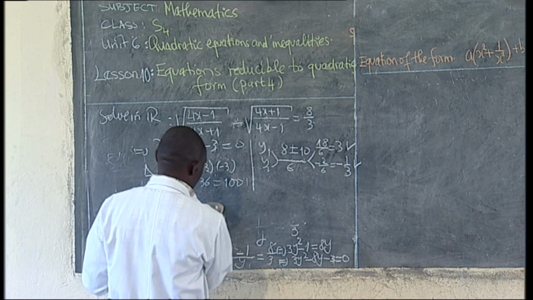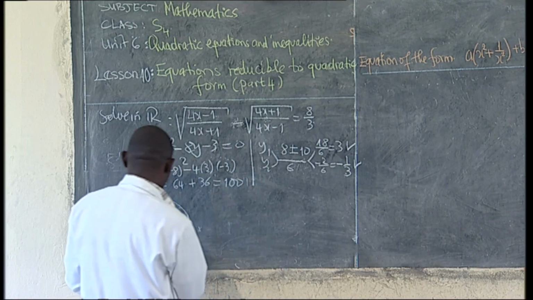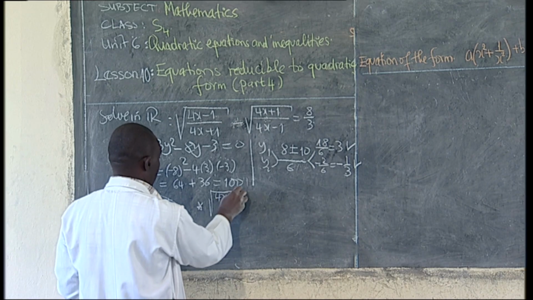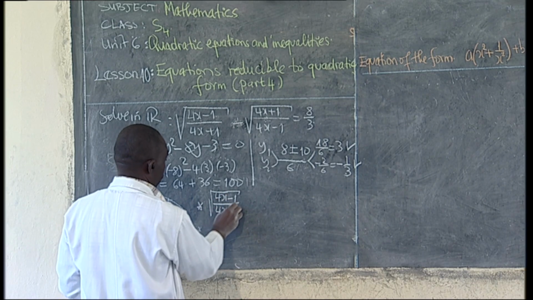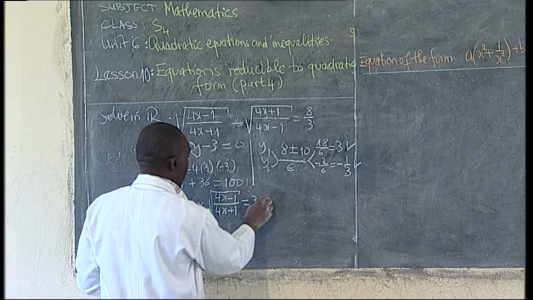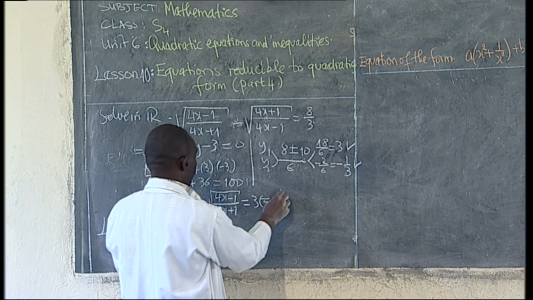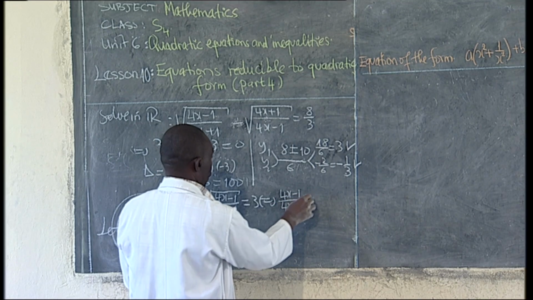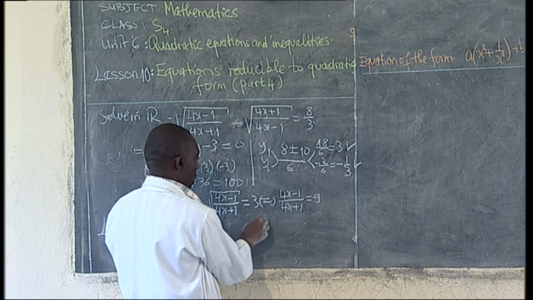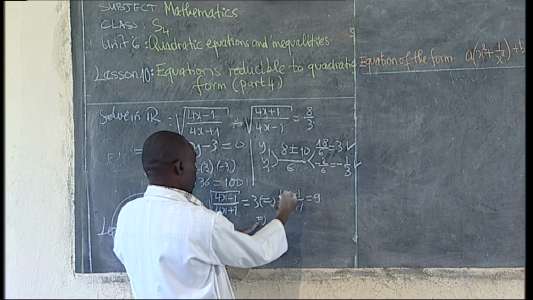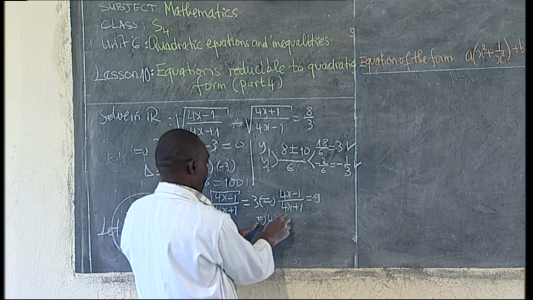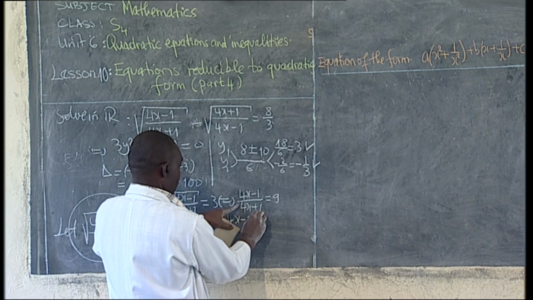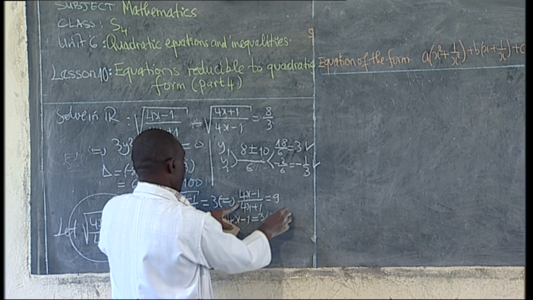So it means that square root of 4x minus 1 divided by 4x plus 1 equals 3. Squaring both sides, I get 4x minus 1 divided by 4x plus 1, which is equal to 9. By cross multiplication, I'll be having 4x minus 1, which is equal to 9 times 4x plus 1, which is 36x plus 9.